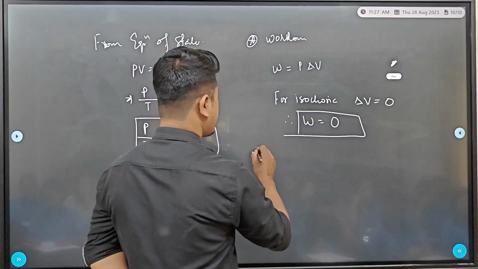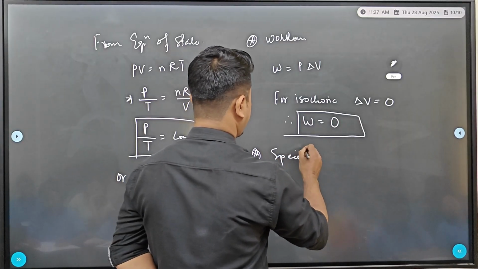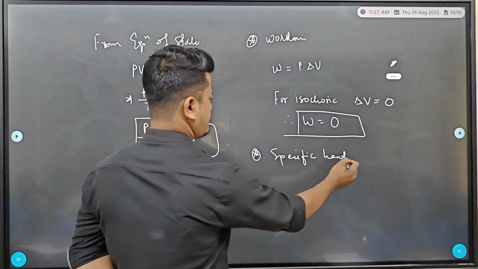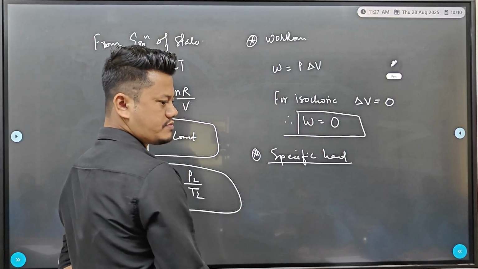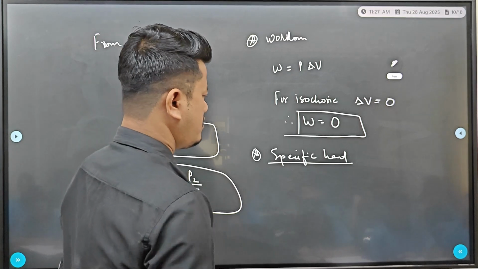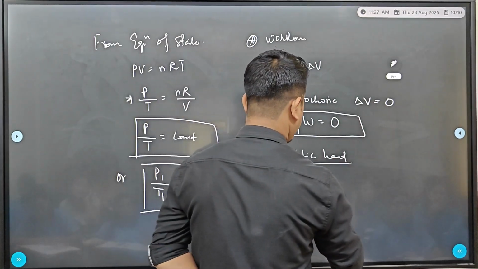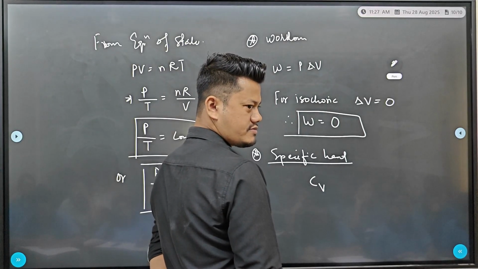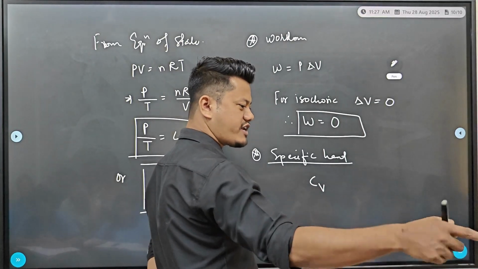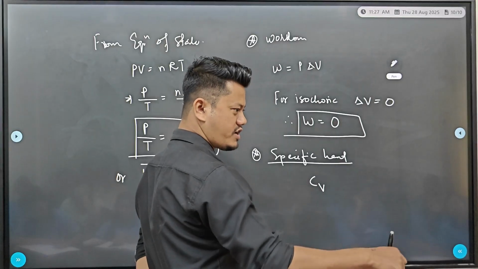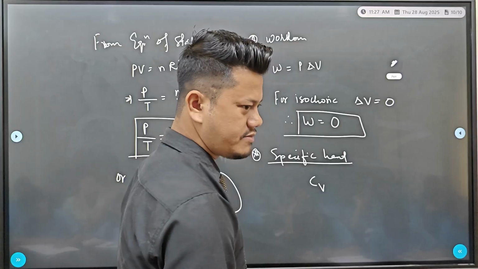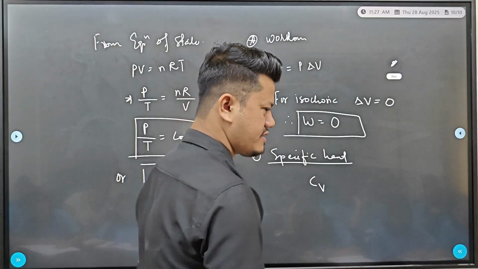Let's go to the next: specific heat. What will be the specific heat? Specific heat at constant volume. You need to mention the term. Specific heat at constant volume is CV.